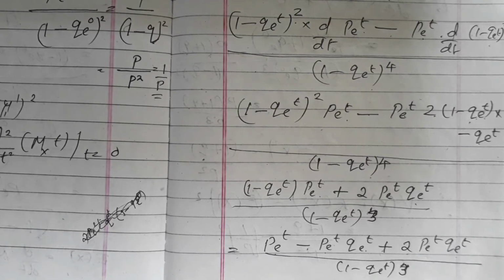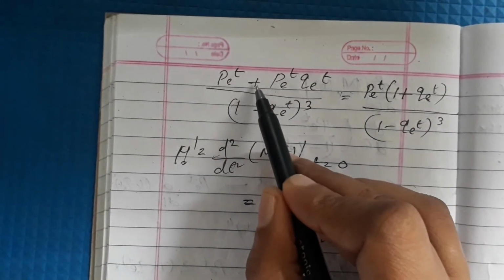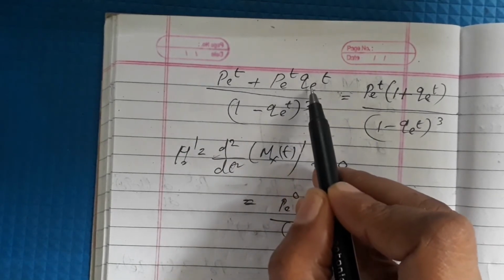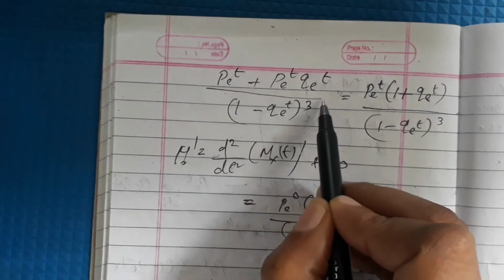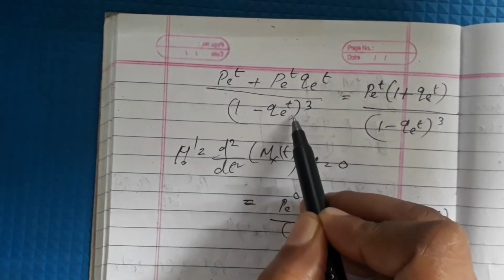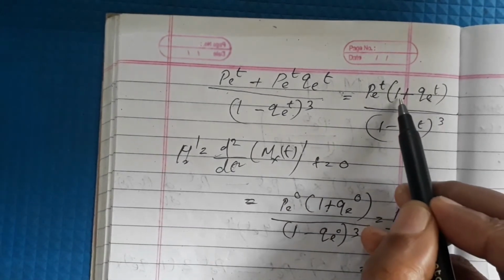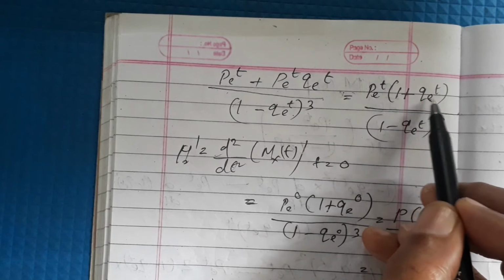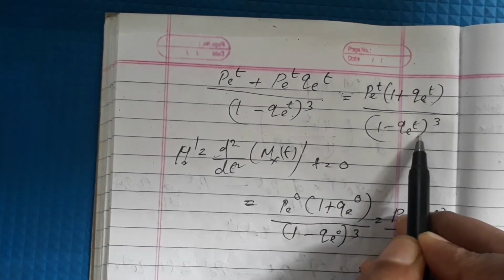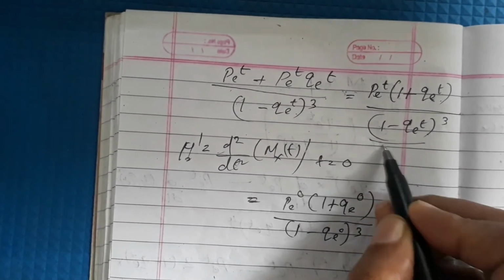So we get p e^t plus p p e^t q e^t all divided by (1 minus q e^t) whole cube. So taking p e^t outside, we get p e^t times (1 plus q e^t) all divided by (1 minus q e^t) whole cube, is the answer.